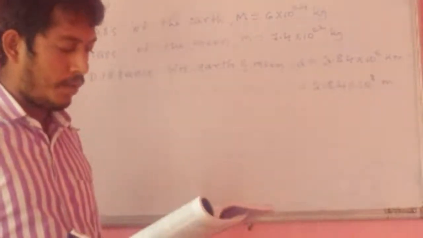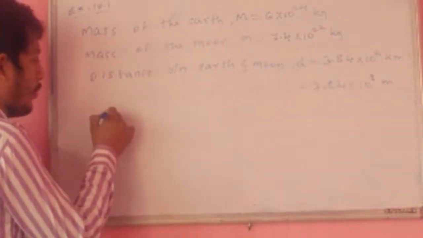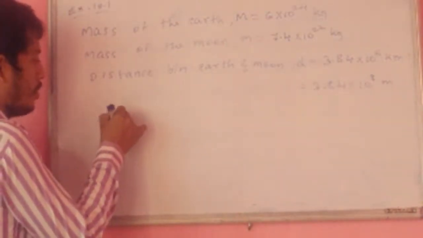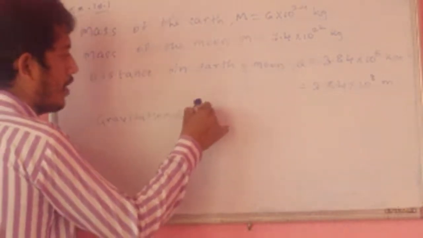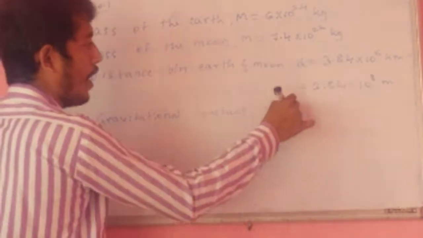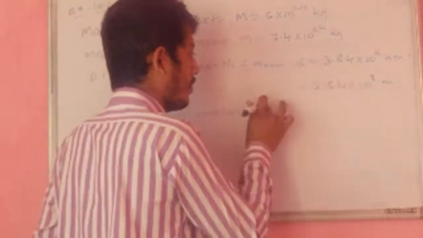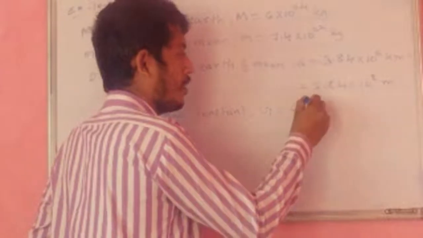Now we have to find out the force, and the value of capital G, the gravitational constant, that is 6.7. They give it directly.